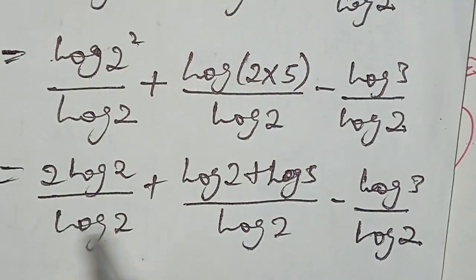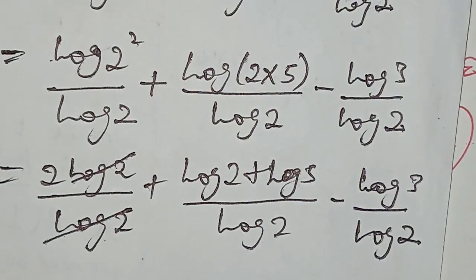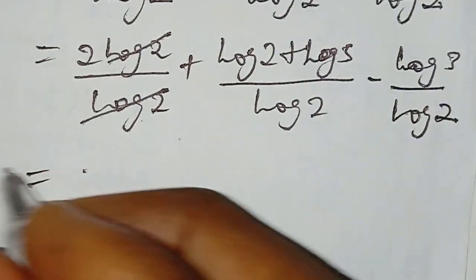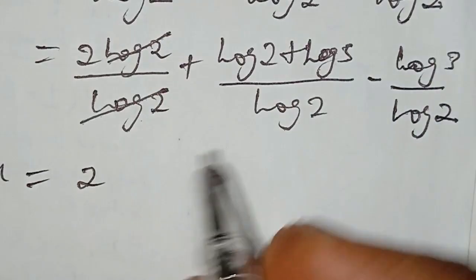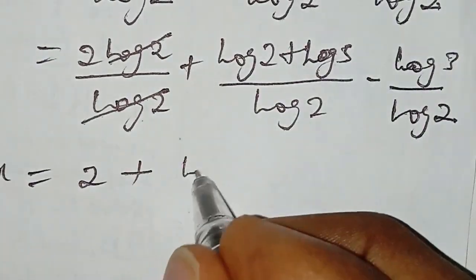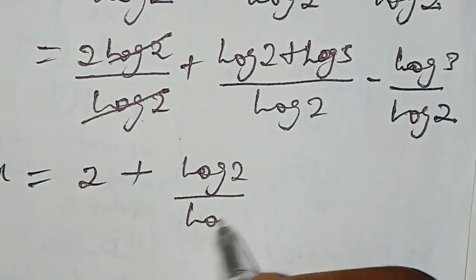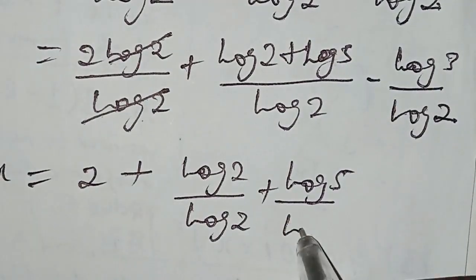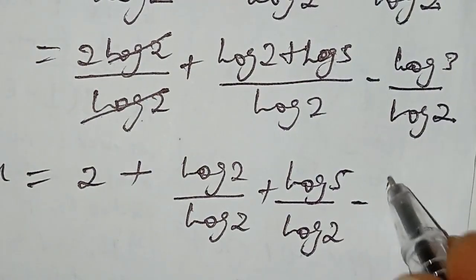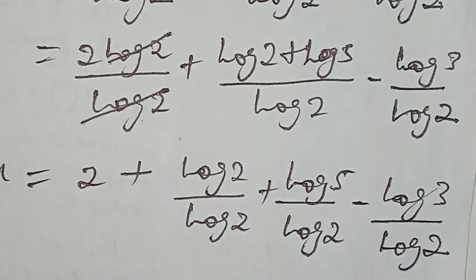So here, this cancels out with this. We now have the next step to be x equal to 2, plus log of 2 over log of 2 plus log of 5 over log of 2 minus log of 3 over log of 2.